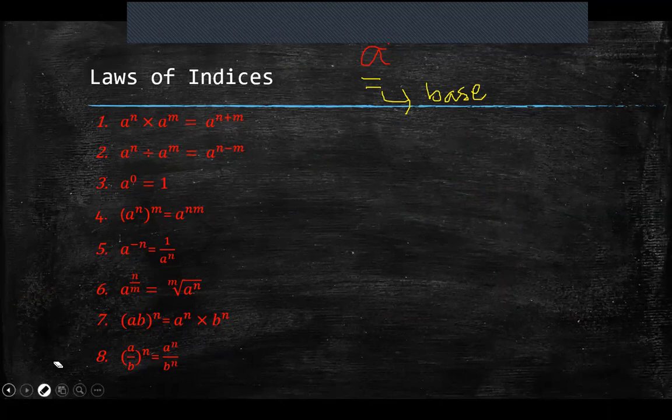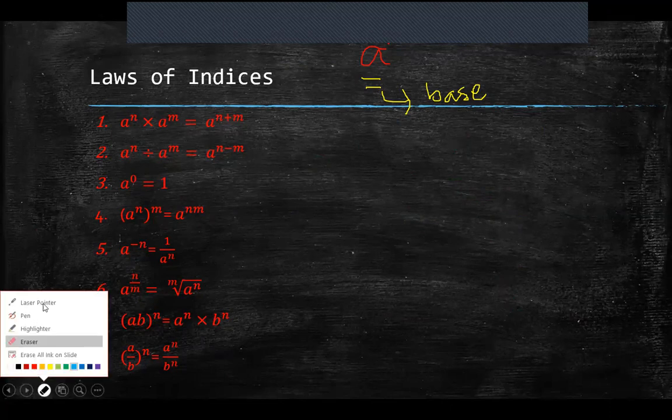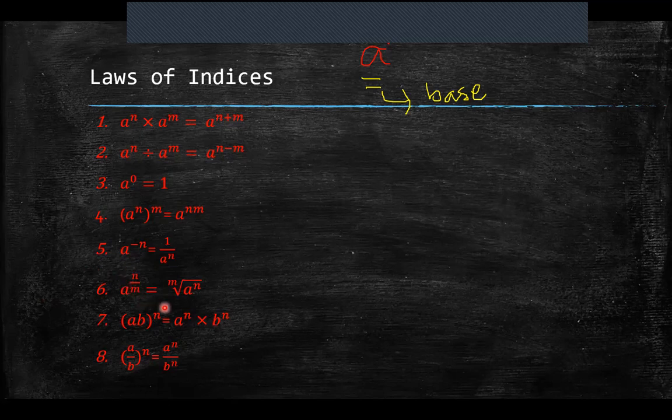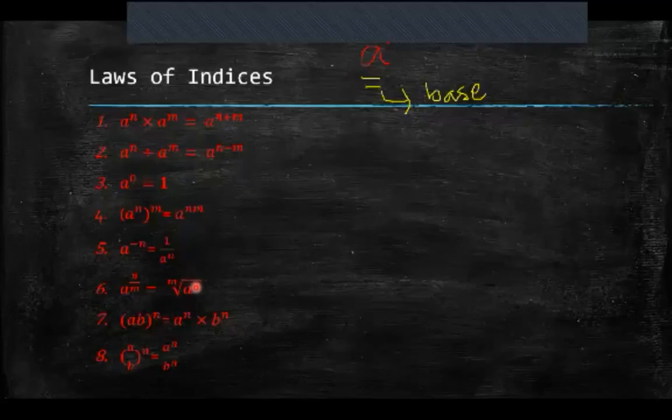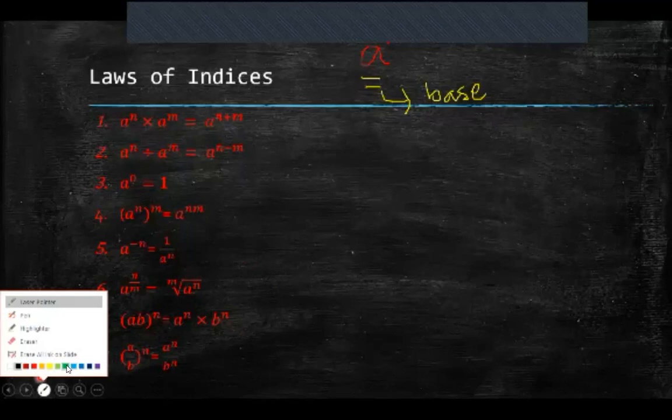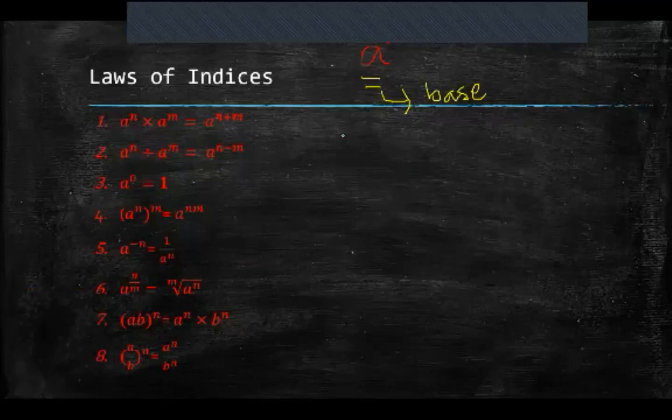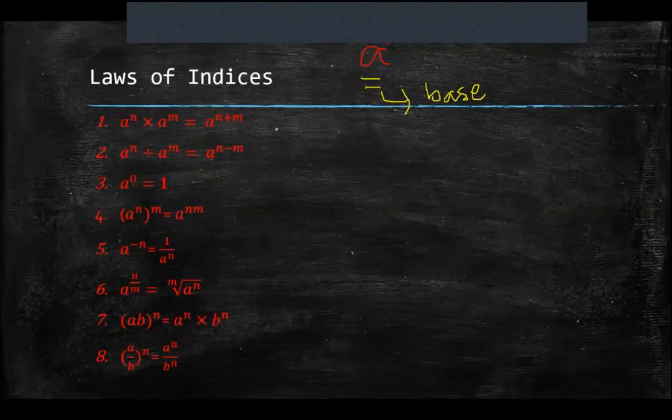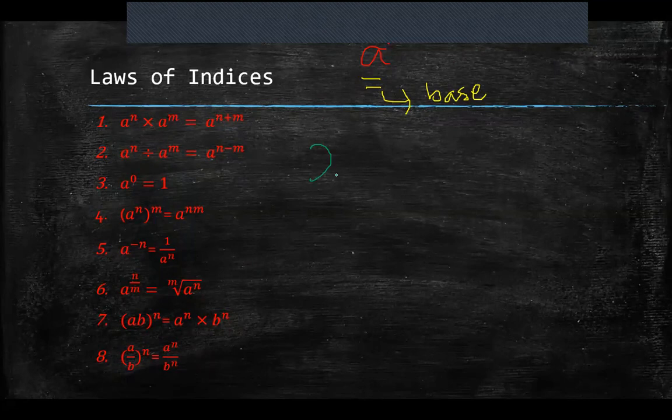6th rule. It says that A to the power of N divided by M is the same as the Mth root of A to the power of N. Examples are always best to show you what this would look like. So say I have 2 to the power of a half.